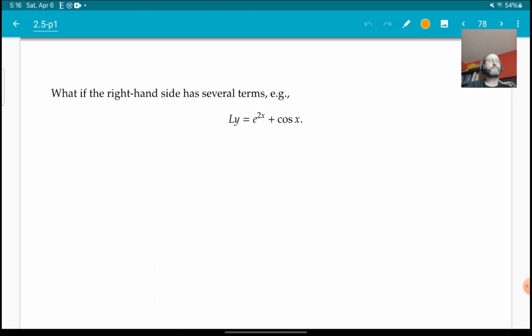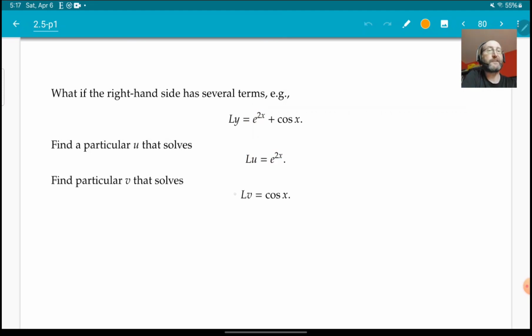All right. Now, what if the right-hand side is a sum of these things, a sum of different right-hand sides? Well, what you can do, and this will apply to all the other techniques as well, is solve this equation. Suppose you find a particular solution u that solves this, and a particular v that solves this.